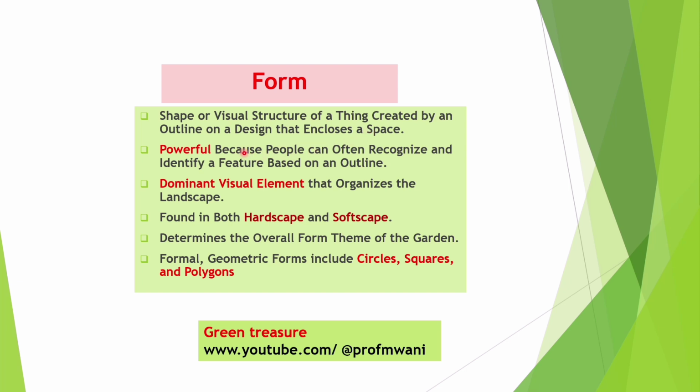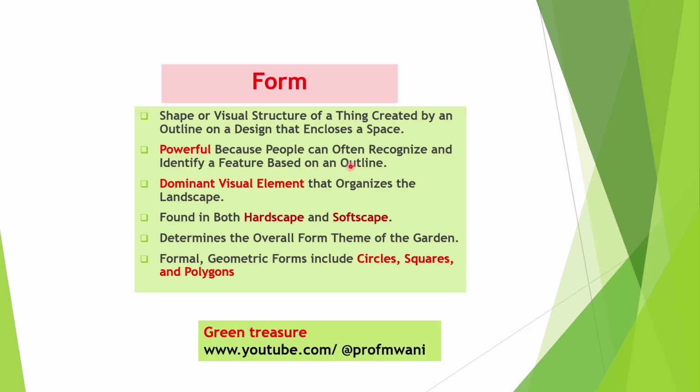It is a powerful tool because people can often recognize and identify a feature based on an outline. A dark outline gives a semblance of a shape, so a person can recognize it. It can be a tree, it can be a path, it can be anything. So that is a form.